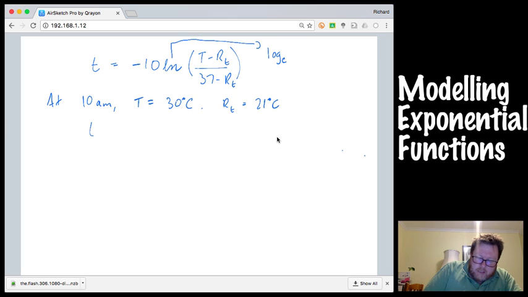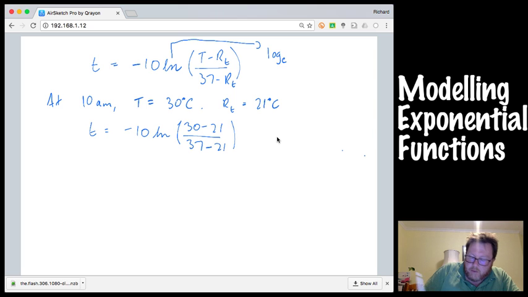So t is equal to -10 ln of 30 minus 21 over 37 minus 21. That's not too bad.